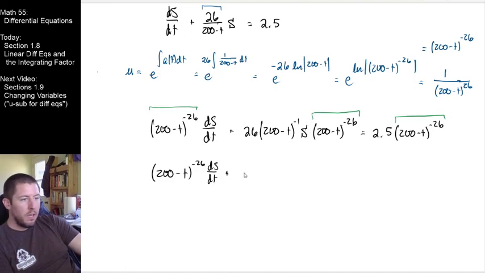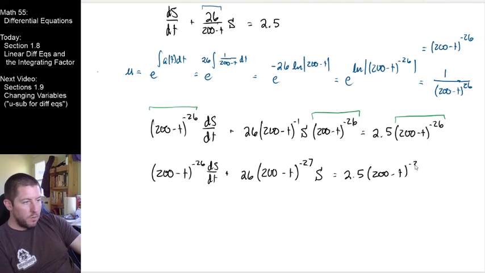And it looks to me like we should be seeing some 26 times 200 minus t to the negative 27 s equals that 2.5 times 200 minus t to the negative 26.